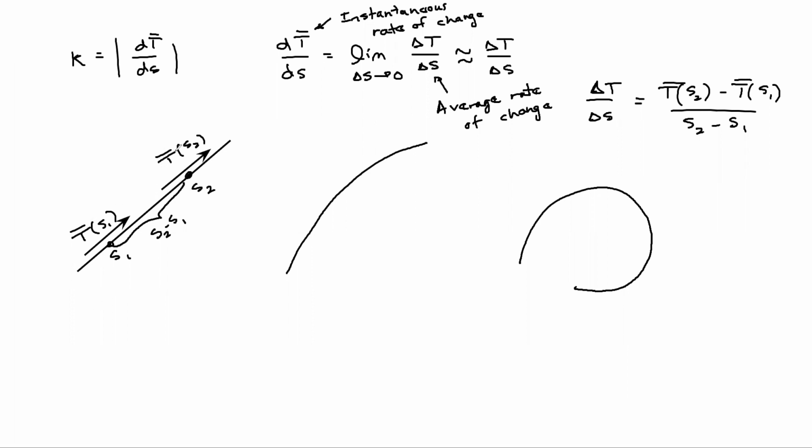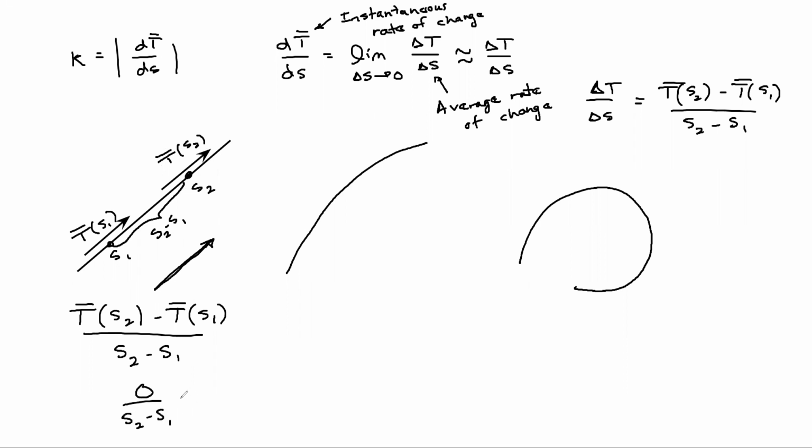If you take these two vectors and subtract them, t of S2 minus t of S1, well, they're the same vector, and knowing what we do about vectors, if you subtract the same vector, you end up with 0. So we get 0 over S2 minus S1, and our calculation for how curvy this was ended up being 0.